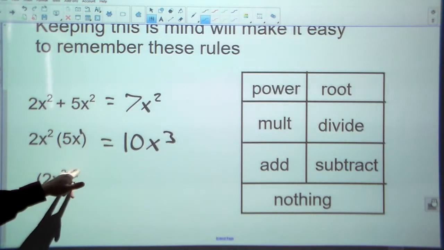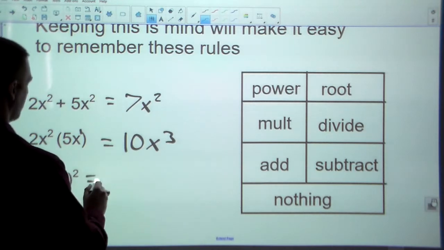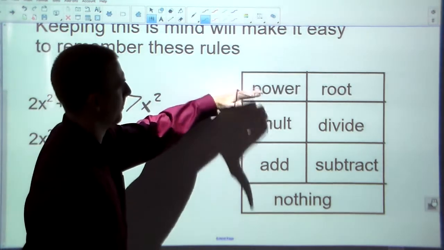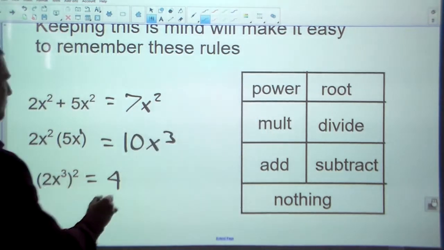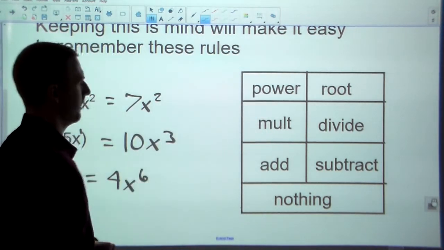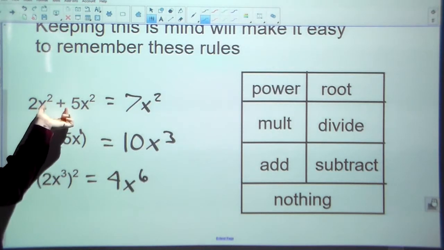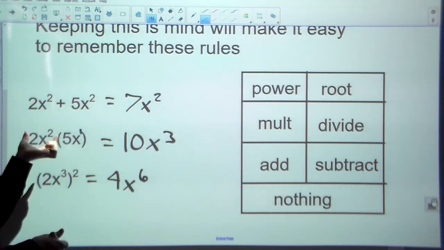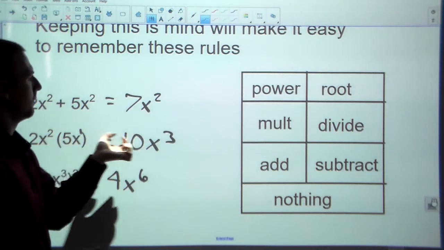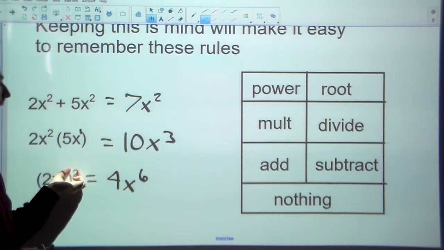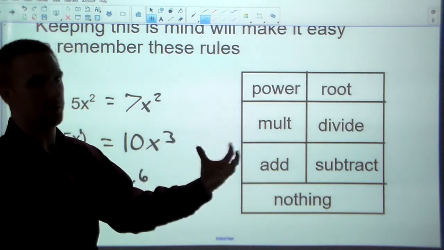So 2x cubed, squared. Well, the 2 is going to get squared, but then the little numbers are going to do something a little bit easier. They're going to multiply. So 3 times 2 is 6, giving 4x to the 6th. Anyway, that's how you use that chart. So the key thing is when you add two terms, you do nothing to the exponents. When you multiply two terms, you add the exponents. When you raise an exponent to a power, the exponents get multiplied.